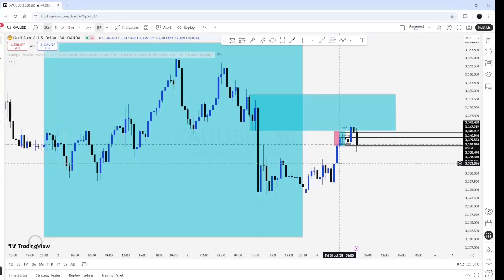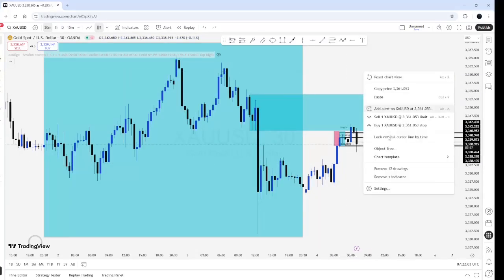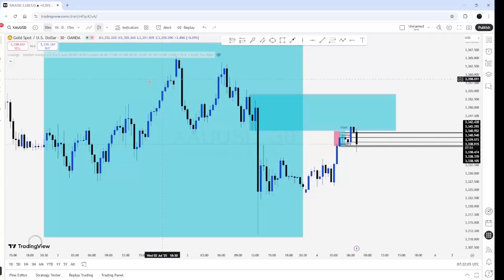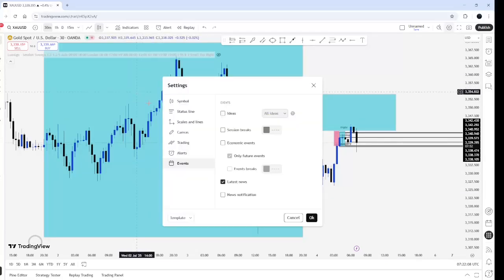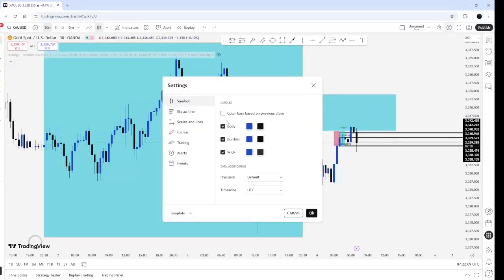Right now I'll be using the terms often. You have the bullish candle, which is my custom color. If you want to customize yours, you can go to settings, then symbols, where you have the body, the borders, and the wick. You can see mine is blue.